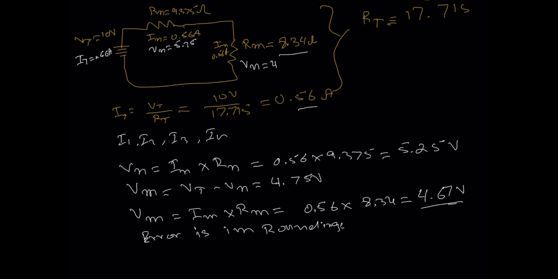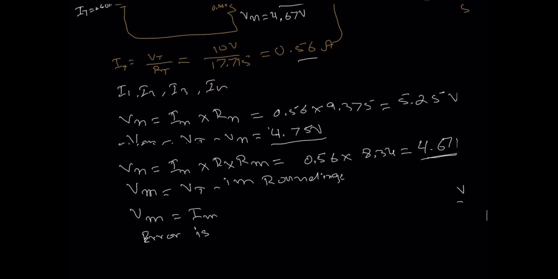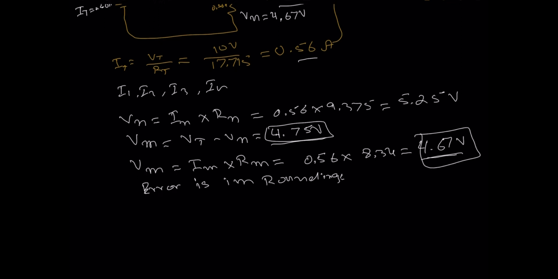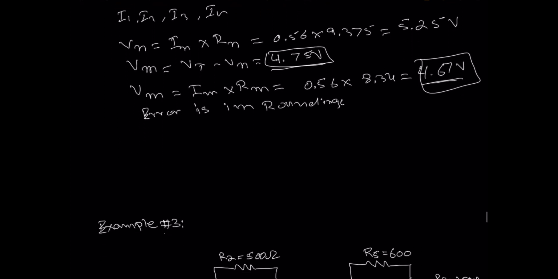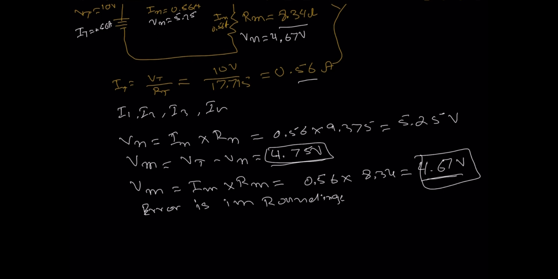We will keep this voltage 4.67 volts. This is the nominal voltage, but this is the calculated voltage. We will keep the calculated one. If you do just simple math, you'll get 4.75, but we got this 4.67 from the mathematical expression here. We got everything we need here.